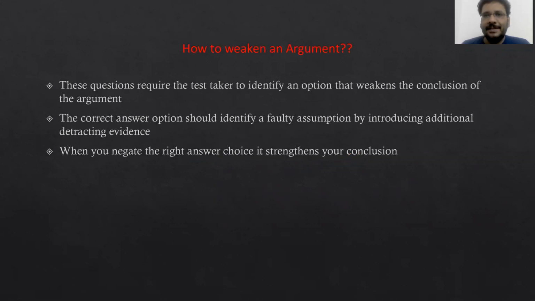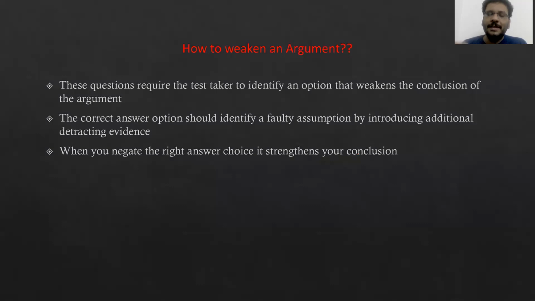So let's get started. When it comes to weakening an argument, these questions require you to identify an option which weakens the conclusion of the argument. Remember, you need to weaken the conclusion of the argument.